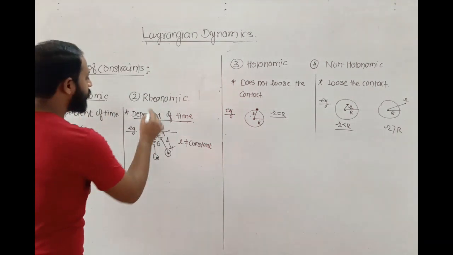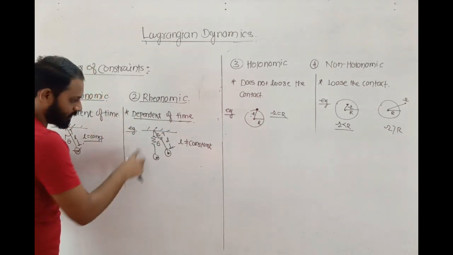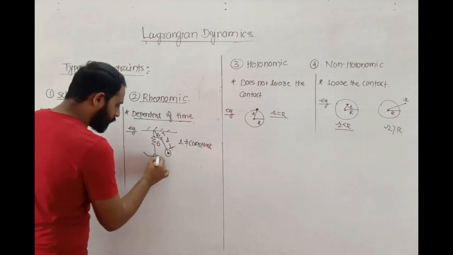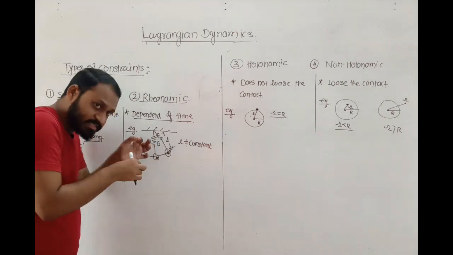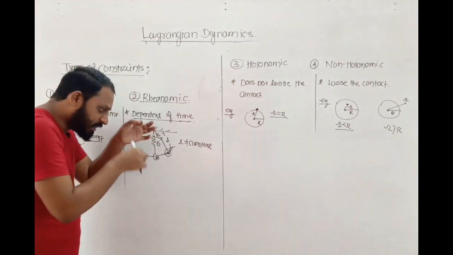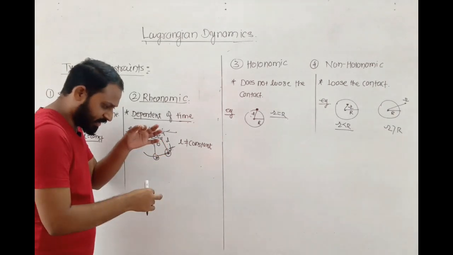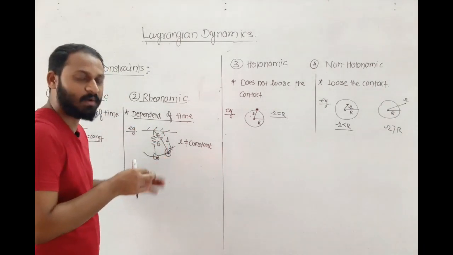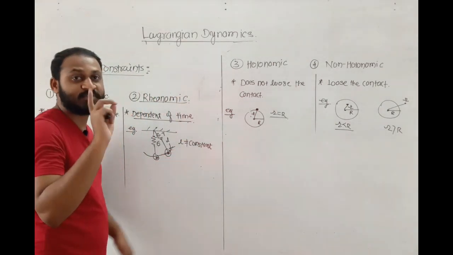Now see, in the rheonomic what happens? It depends on time. Now see, here we are considering a pendulum, okay, moving like this, and here is also a spring, and the length of that spring depends on time. Expansion, compression, expansion, compression. That expansion and compression of the spring depends on time.